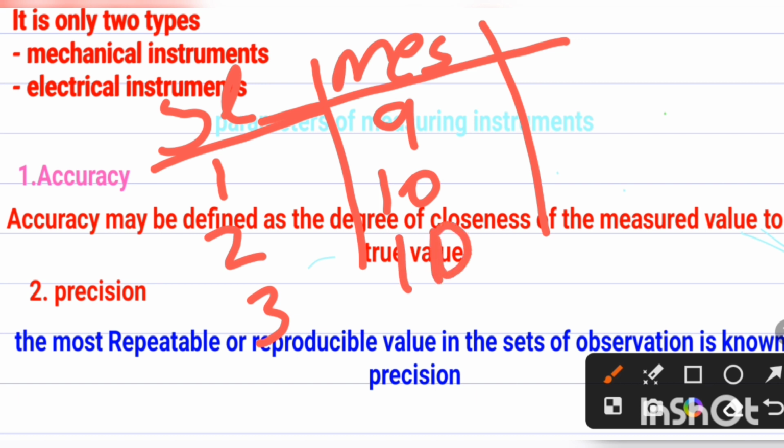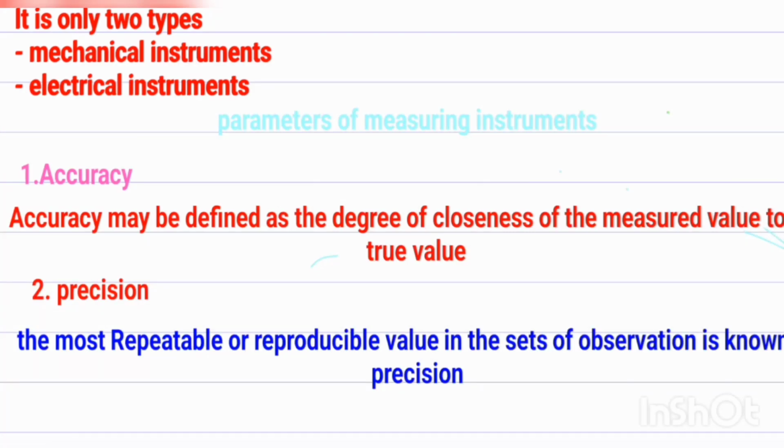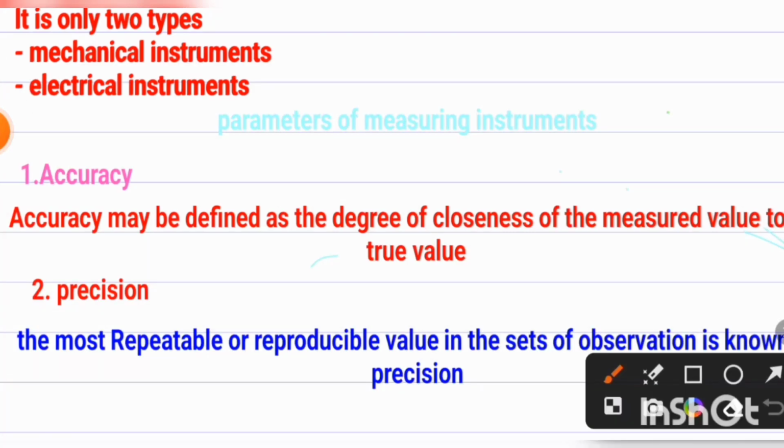Which value is repeated? Here 10 is repeated, and this value is the precision. Here we have to know that an accurate value can be precise, but precise values cannot always be accurate.